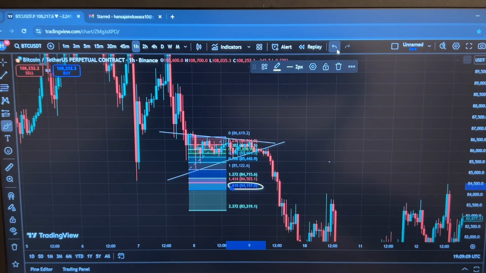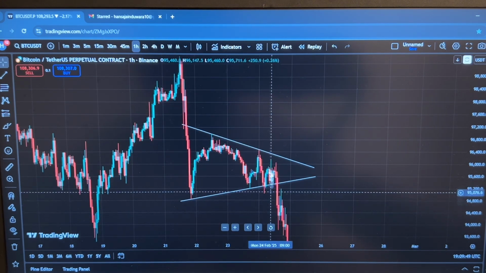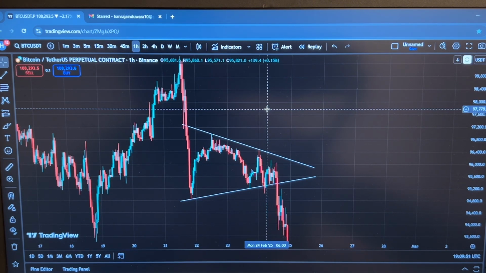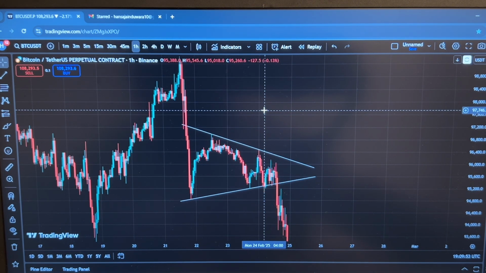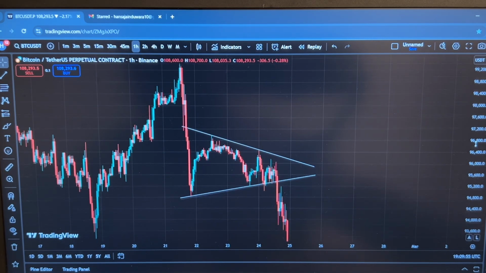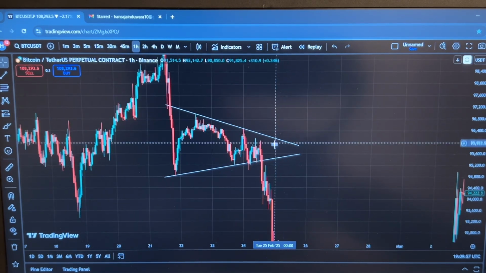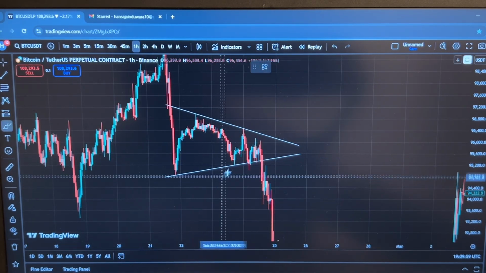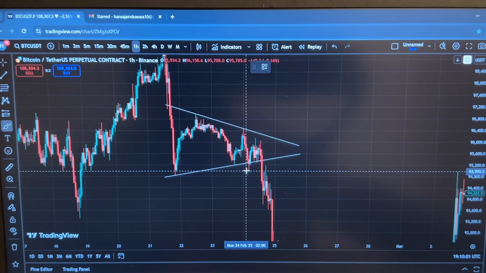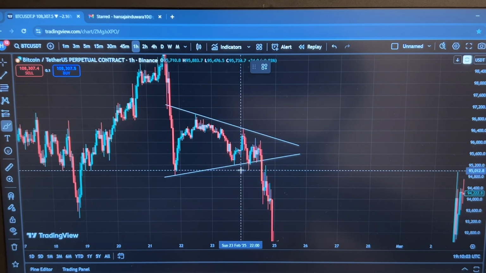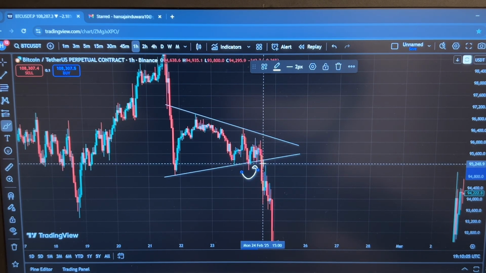And then let me show you some other examples. And there you go. There's another example for a symmetrical triangle pattern. This is a bearish pattern. So basically it broke this lower trend line, and it went for a retest. It was not a clean retest.